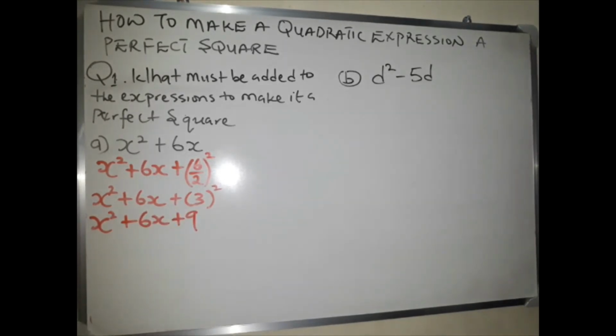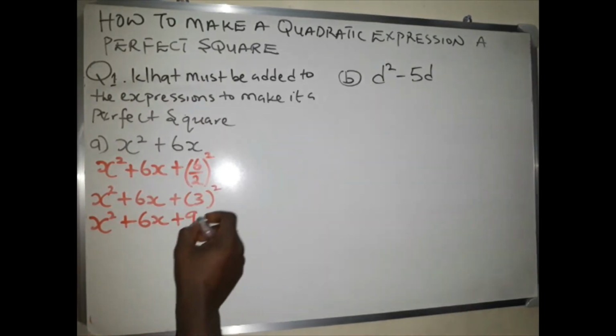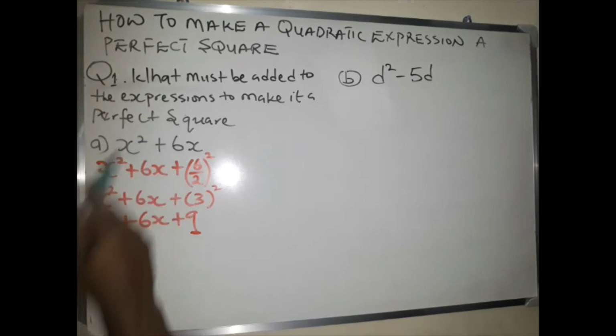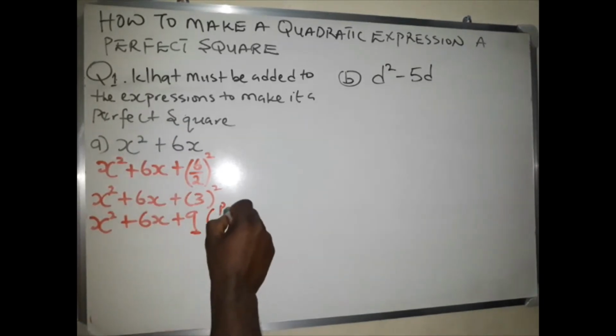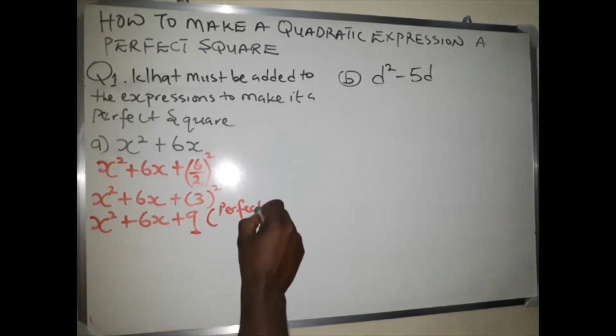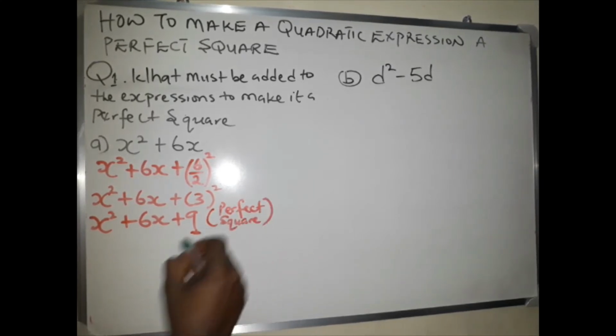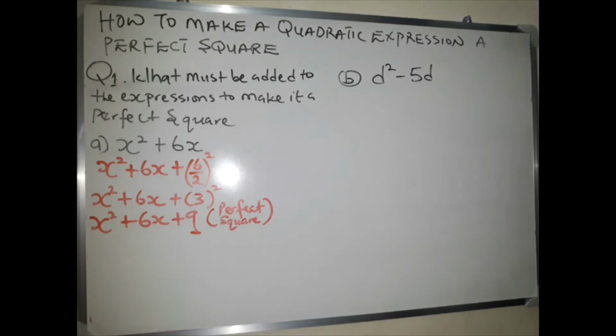So based on the question, 9 must be added to this expression to make it a perfect square. So this expression is now a perfect square. 9 is the number you add to this expression to make it a perfect square.